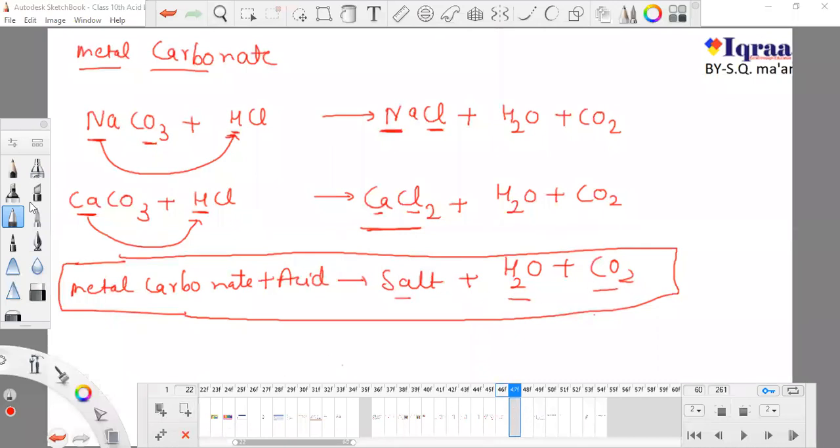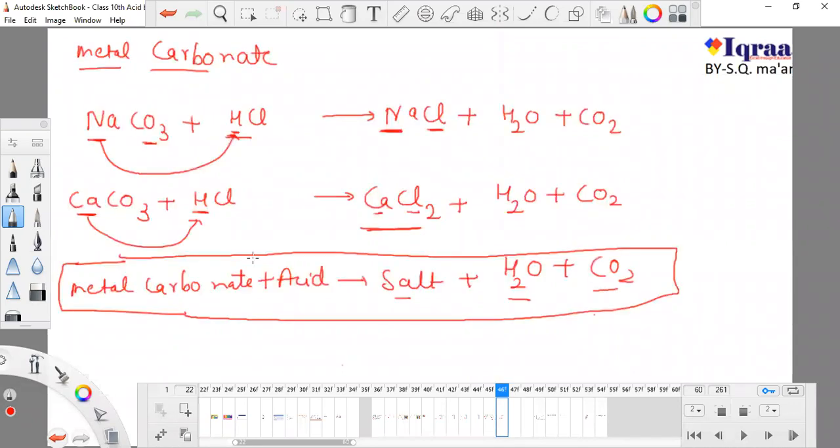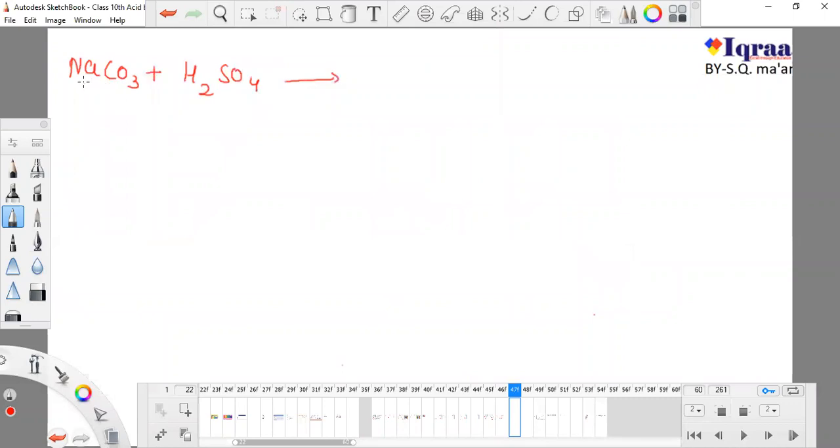We can go with another acid. If I'm taking this metal carbonate and using it with sulfuric acid, previously I took HCl and now I'm taking H2SO4. The same thing will occur.